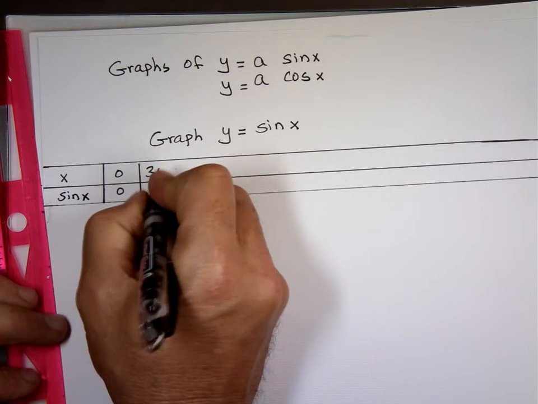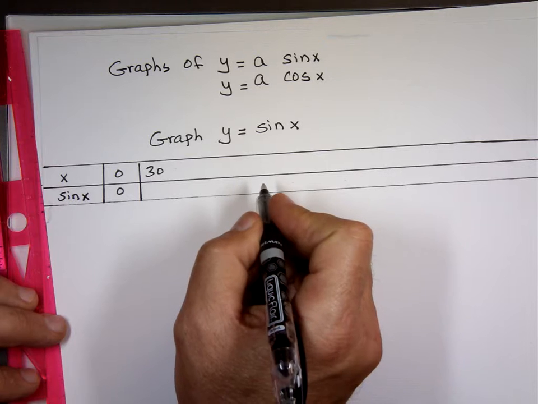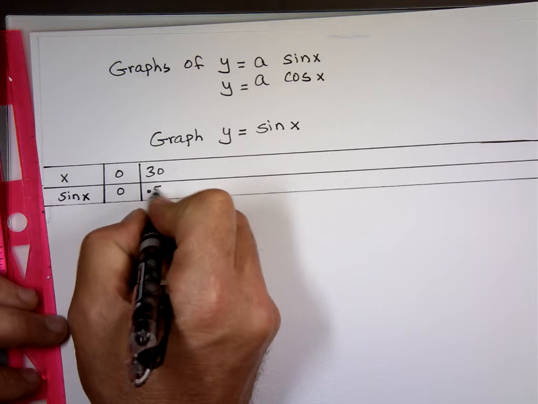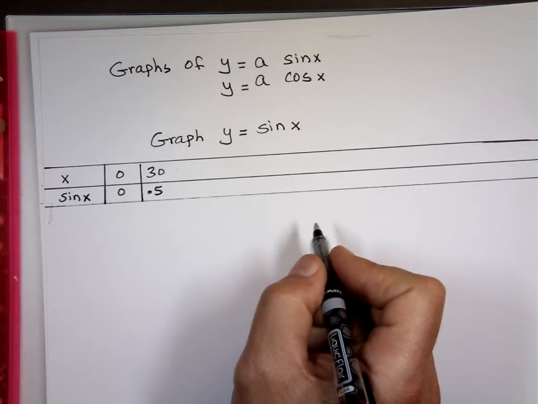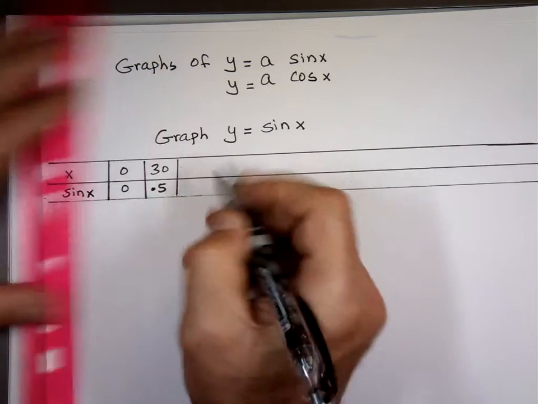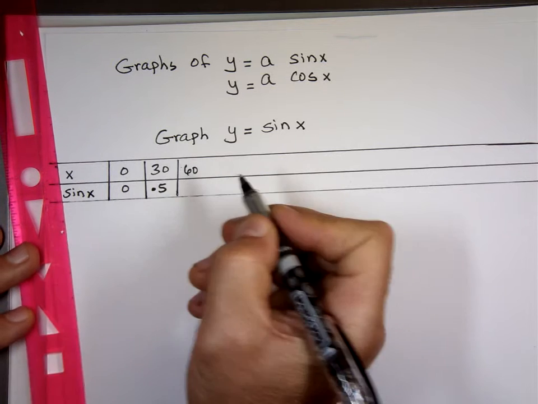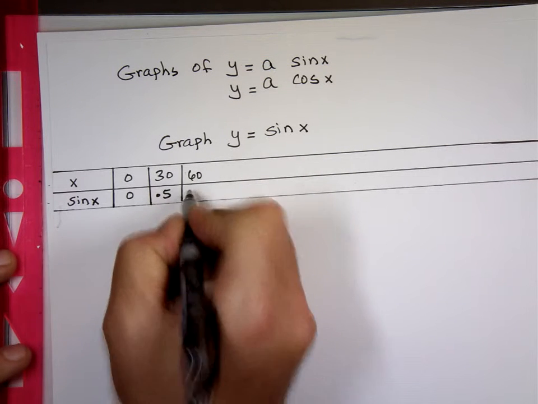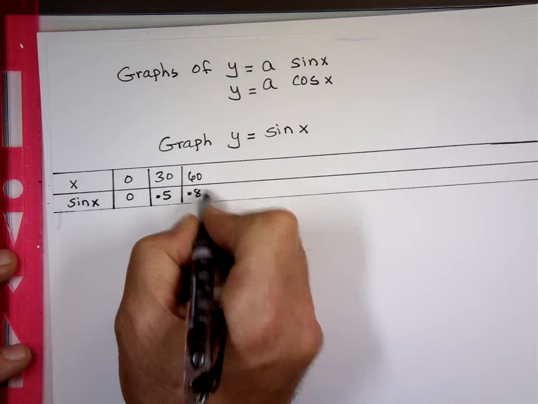30 degrees. What's the sine of 30? Do you get 0.5? Good. Let's try 60. What's the sine of 60? Does it say 0.87 or 66?